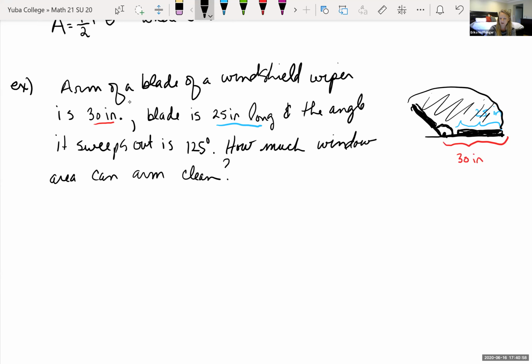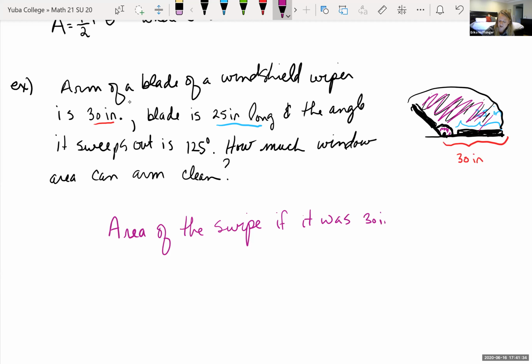Well, notice if we took this whole area, thinking of it as sweeping out this whole area of 30 inches, so including this little piece in here that's actually not being cleaned, right? If we took that whole area, so the area of the swipe, if it was 30 inches, but then we need to subtract off a little piece, right?